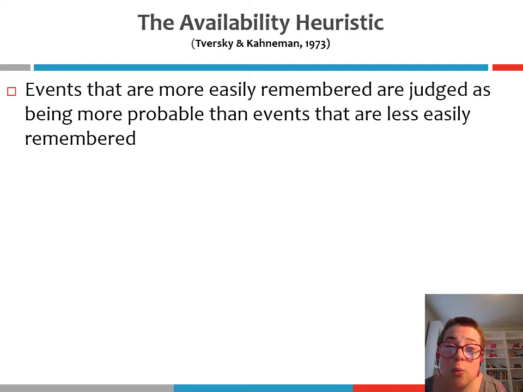But this is one of the most common mental shortcuts or heuristics that people use that again leads them to the incorrect decision, right? So this is called the availability heuristic, the idea that events that are more easily remembered are judged as more probable or more likely than events less easily remembered, right?